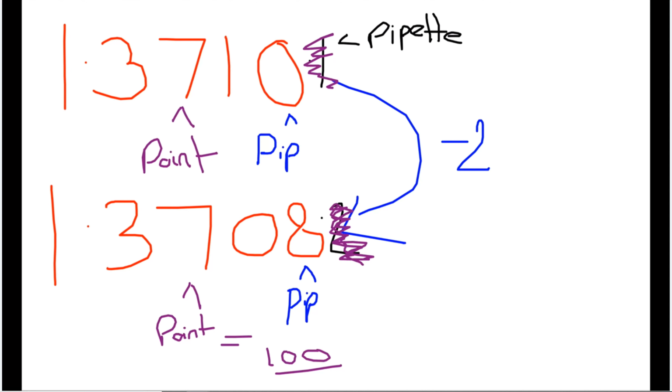So let's say your USD went from 1.3710 to 1.3608. Guess what? Just over a point, 102 pips. So 1 point decrease. Let's say it did that in a day. That's that. Point, pip, pipette.